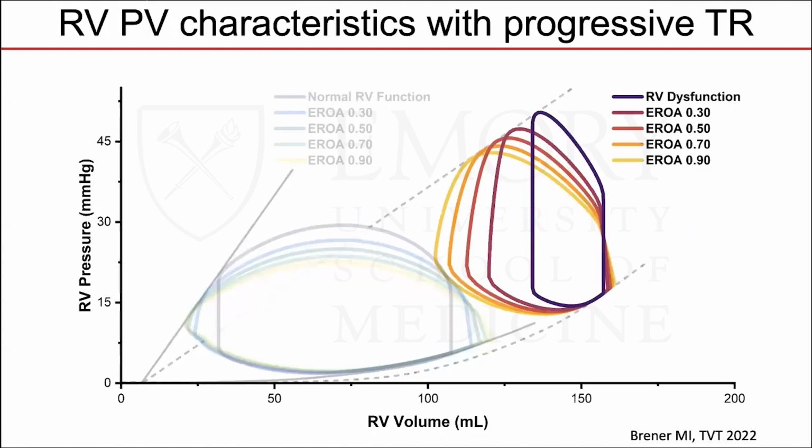And this behavior is further accentuated when the RV is dysfunctional to begin with. So here you can see that the stroke volume nearly doubles, the stroke work increases despite a reduction in cardiac output, and the TR imposes a significant energetic penalty on the right ventricle.